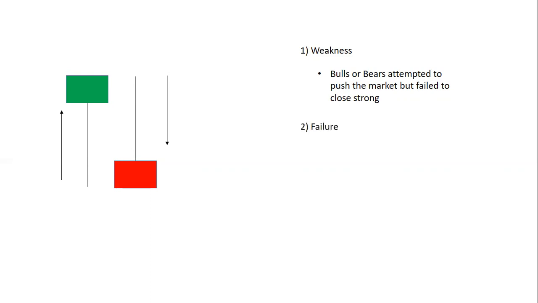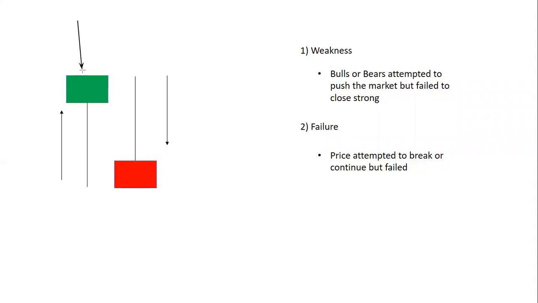What we are also getting is that we are getting failure in the market, right? By this is that price actually attempted to break or continue. Like I said, now these candlesticks will also happen during your continuation trends where you see this happening in the market, and maybe it gives you shock that, okay, maybe a lot of buyers are now in the market, where you see this kind of candle here, and you panic to say that you want to exit the market.